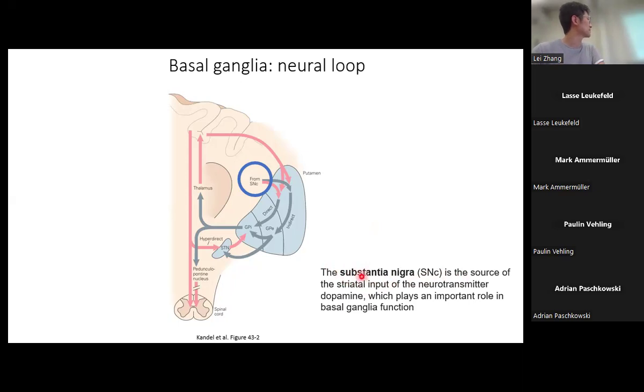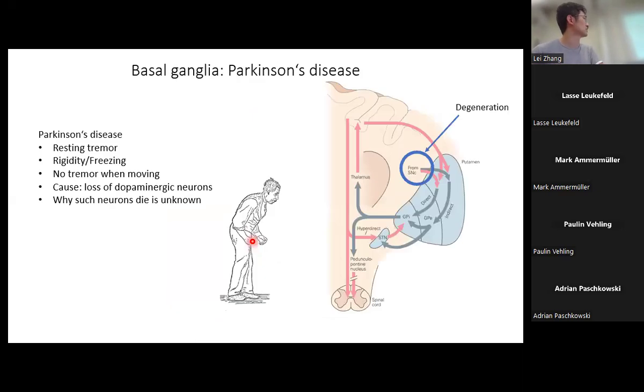The basal ganglia is also associated with reward. When you move, you want to get some reward, and people think this feedback rewarding mechanism is related with the basal ganglia loop. And dopamine is very important, because if you have dysfunction in dopamine production, it results in a disease that people discovered called Parkinson's disease.